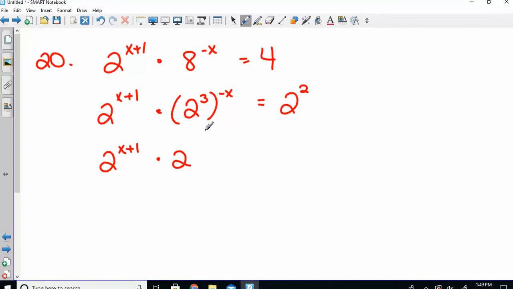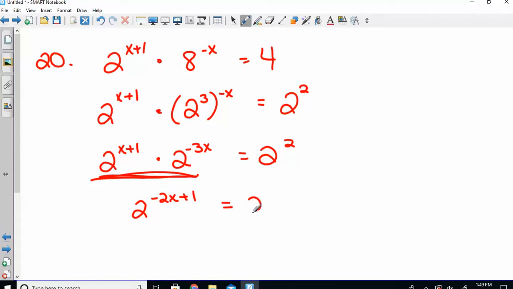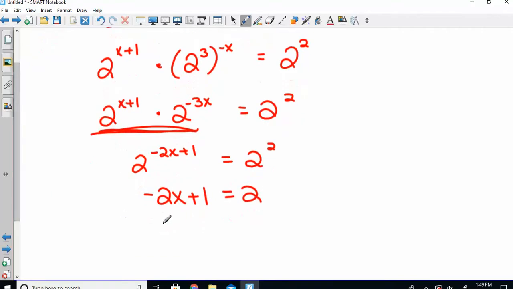All right, so then power to a power, we multiply. So 3 times negative x would be negative 3x. When I multiply these, what do we do with their exponents? So now we have the same base on each side, so we can set those equal to each other.